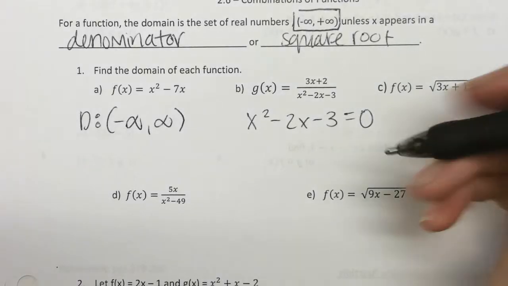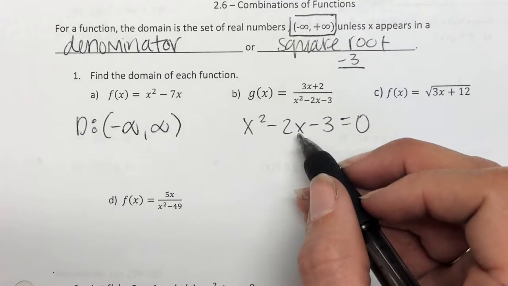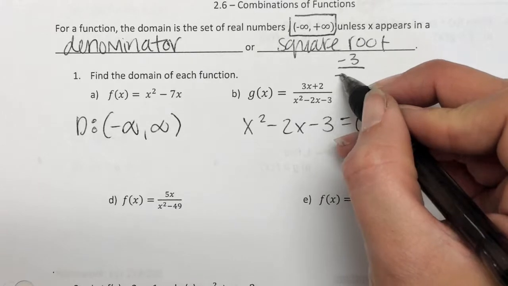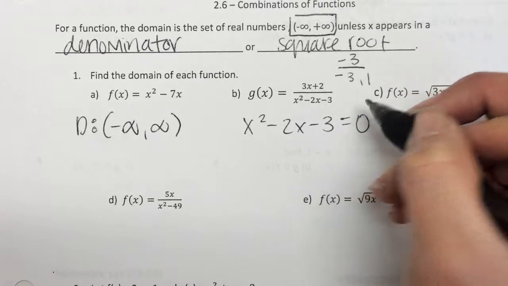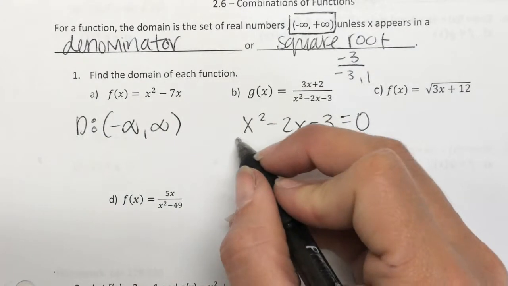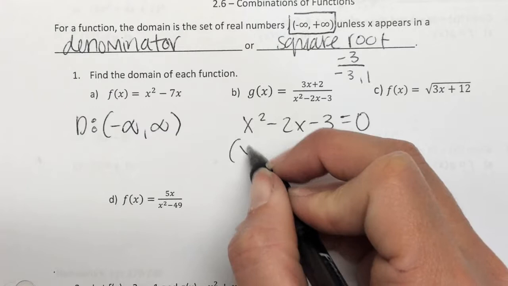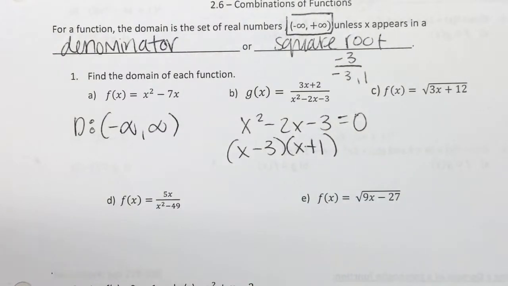So what are two numbers that can multiply to get negative 3 but add together to get negative 2? Negative 3 and 1. Good. So since a is 1, tell me how I can just write my binomials. Very good. So that means x cannot be what?